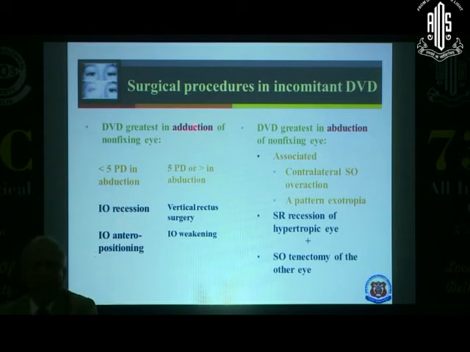And if it is more in adduction but in abduction also there is more than 5 PD, then our primary choice, as in all cases, is superior rectus weakening. And if it is greatest in abduction, then of course superior rectus recession, along with sometimes you may have to use the superior oblique of the other eye.